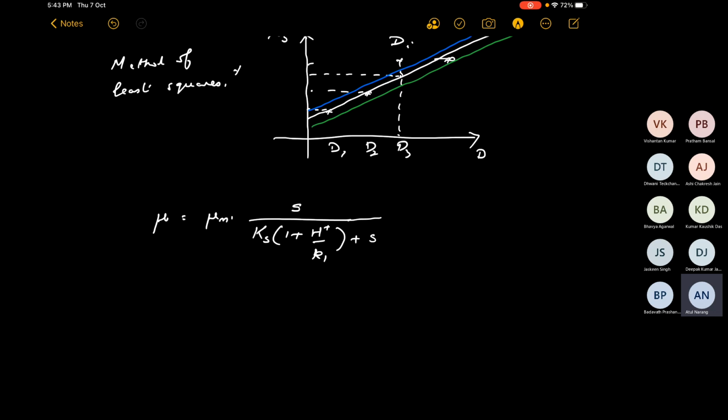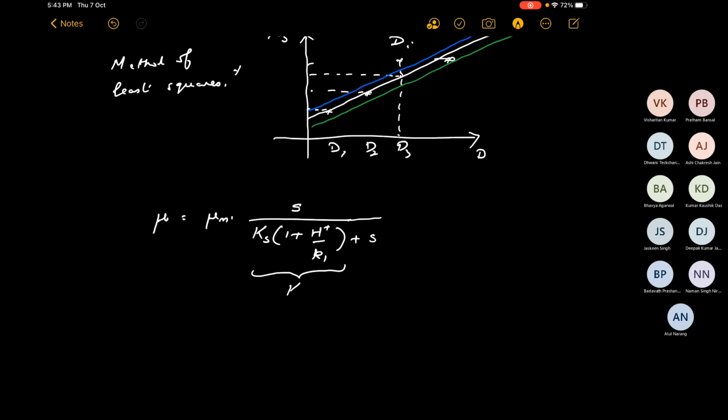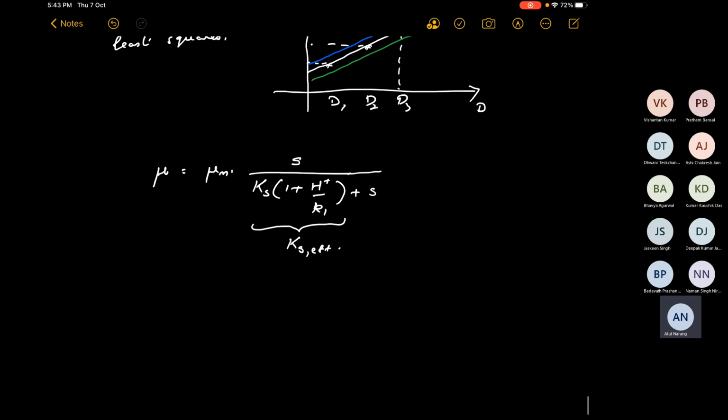This is the model. Now this is what I have called Ks effective. When you do the experiment, if you have a sufficiently high value of this Ks effective, mu will actually change with s.